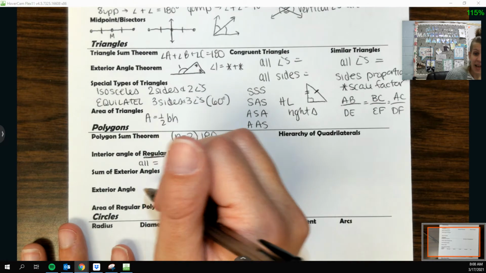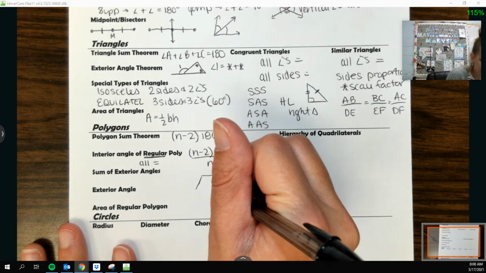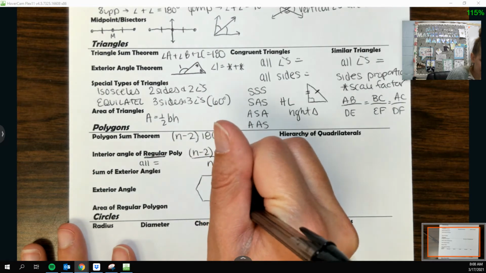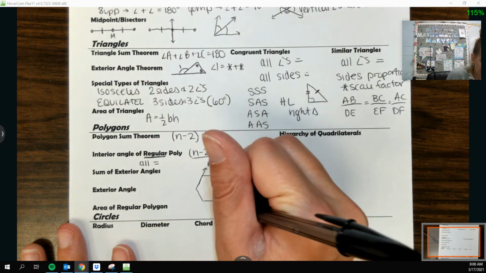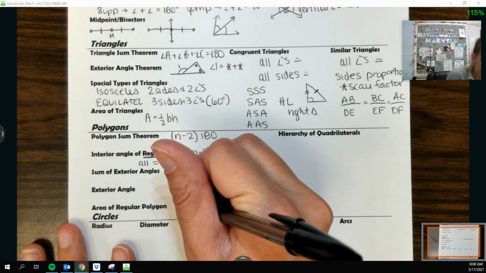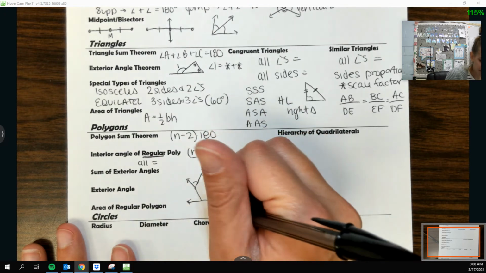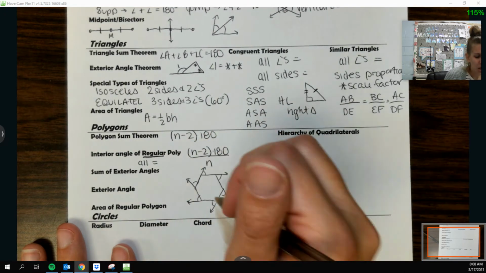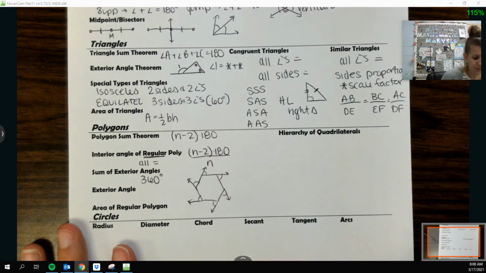We can also talk about the outside angles. If I do have a cute little hexagon, I'm not going to do an octagon, that's too many sides. I can get exterior angles as well by extending all the sides. You get a cute little pinwheel thing, but all these outside angles will always add to 360 degrees.